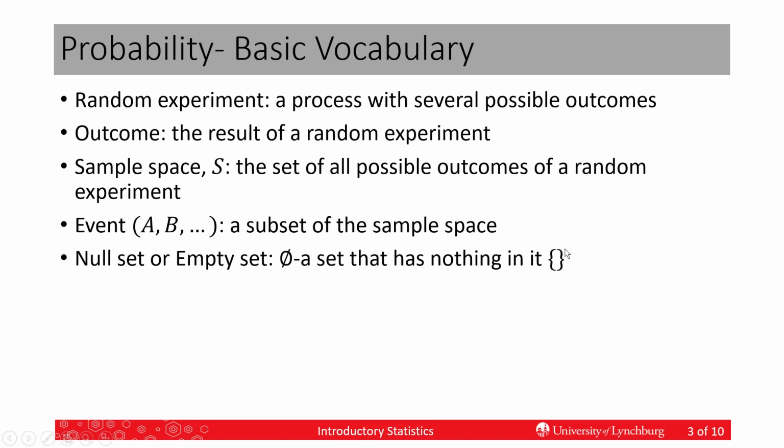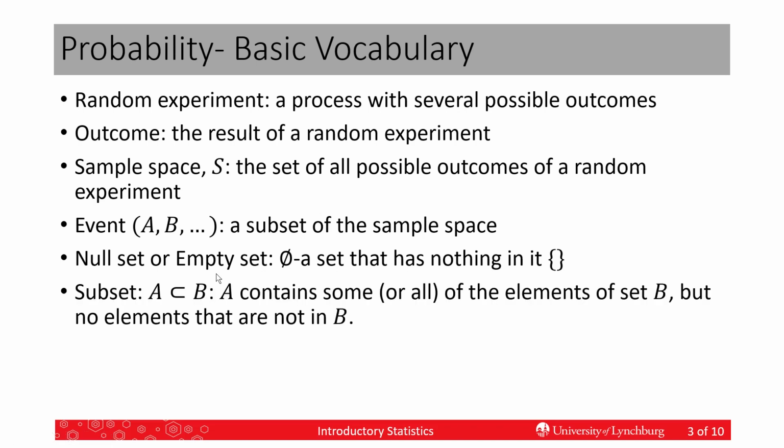So if you look over here, we usually use these curlicue brackets to contain a set, but there is nothing inside this set. It's empty. Thus the empty set. You might think, why is this even important? It's actually very important, and we need it in order to talk about set theory and thus probability, which is based on sets.